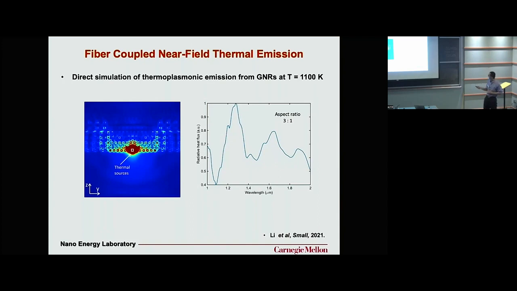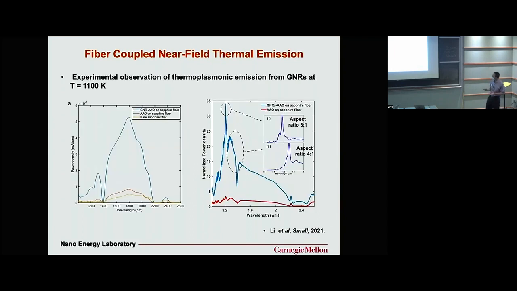Okay. So another question is, can we really observe it using this so-called fiber coupled near-field thermal emission? We first did a control experiment. We just measured the bare sapphire fiber. There's nothing over there, and you can see we got this yellow curve.